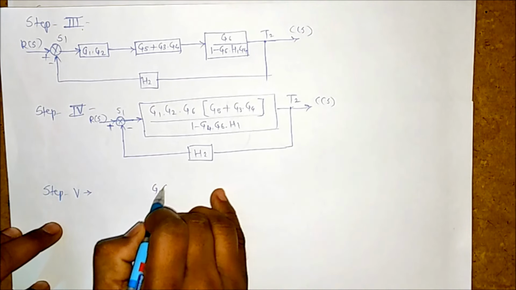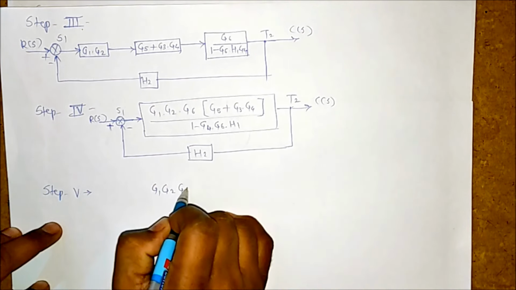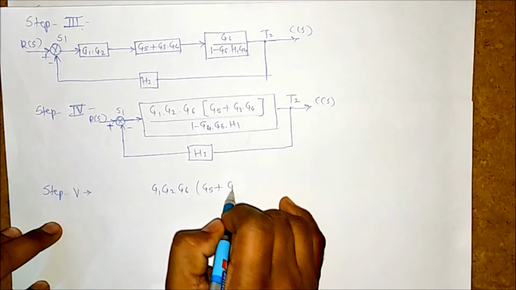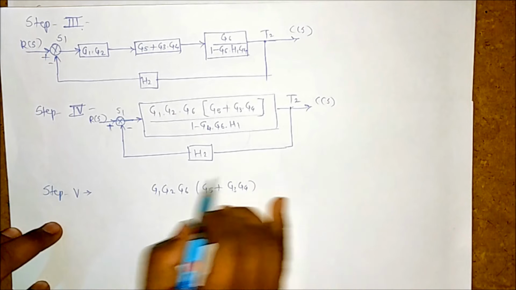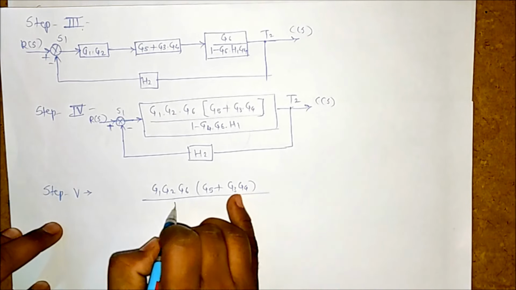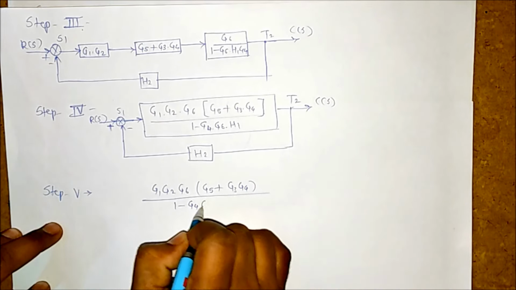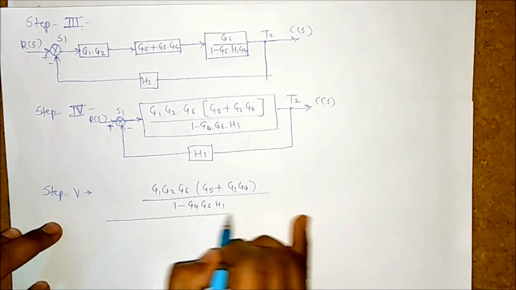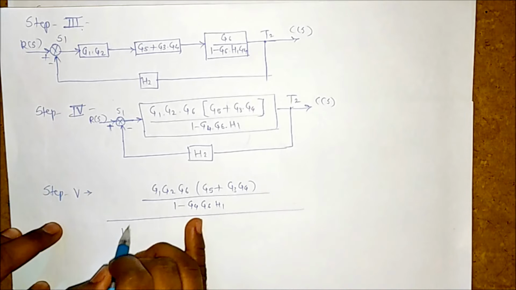How can I eliminate the feedback loop? G1, G2, G6, G5 plus G3 into G4 divided by 1 minus G4 into G6 into H1, divided by 1.